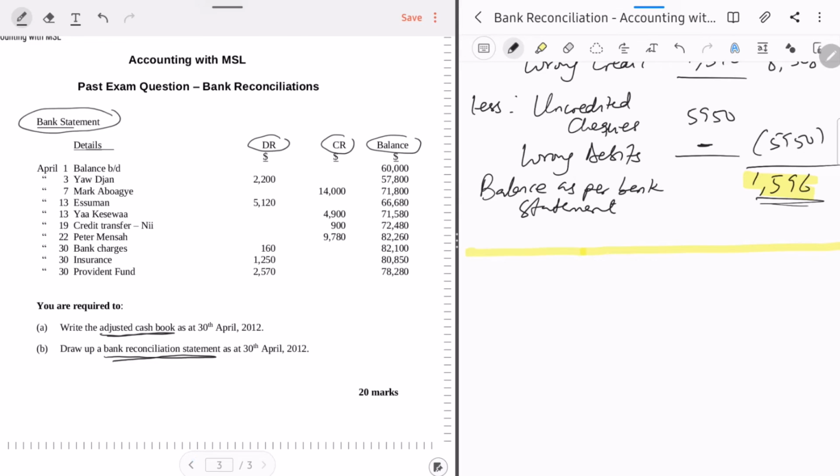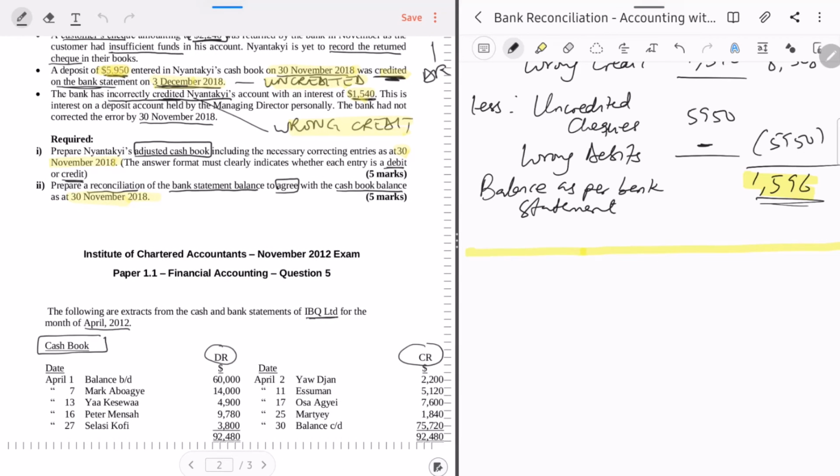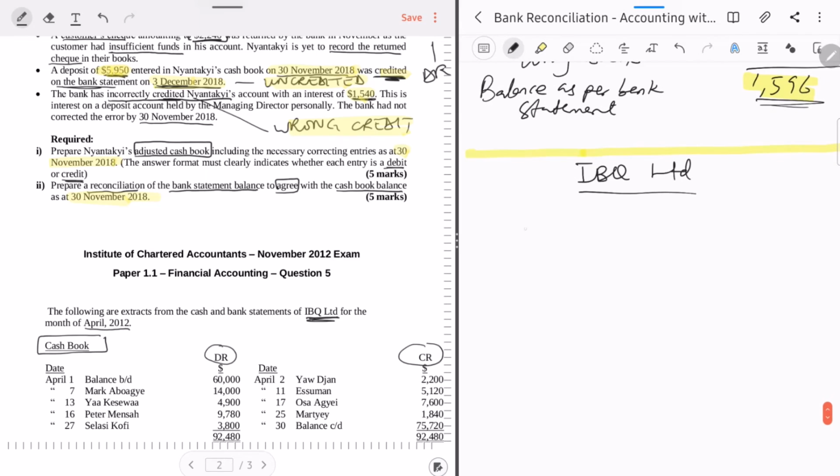So, what is the name of the company? Always remember to write the name of the company. So it's IBQ Limited. We need to prepare their adjusted cash book.